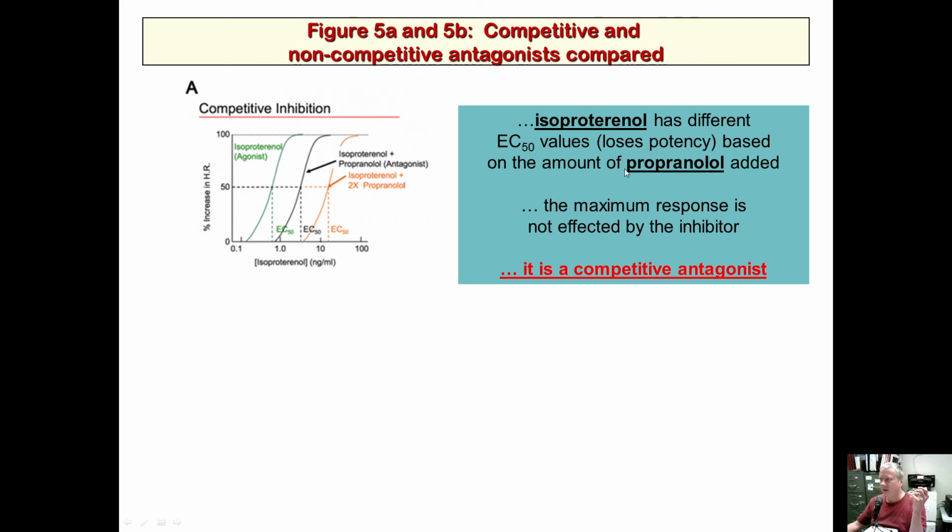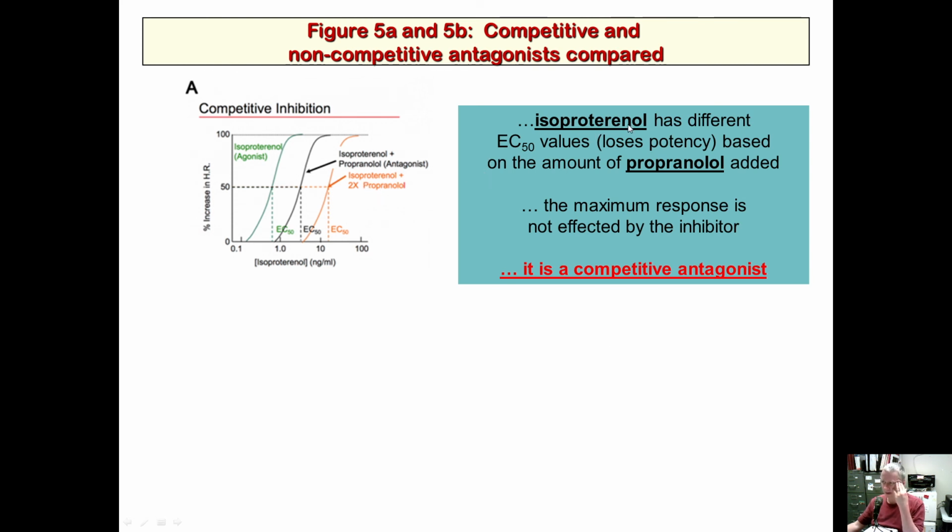So isoproterenol is an agonist that can be blocked competitively by an antagonist like propranolol. And so the maximum response, though, is not affected by a competitive antagonist, right? So propranolol is the competitive antagonist here. Okay. Right.